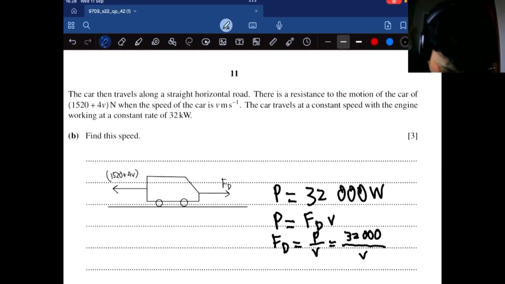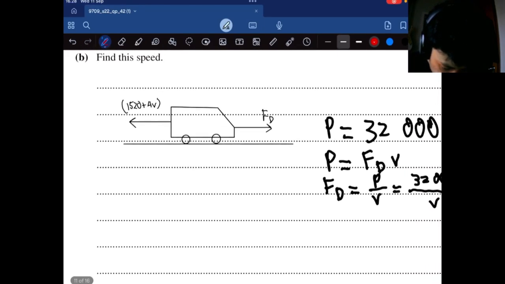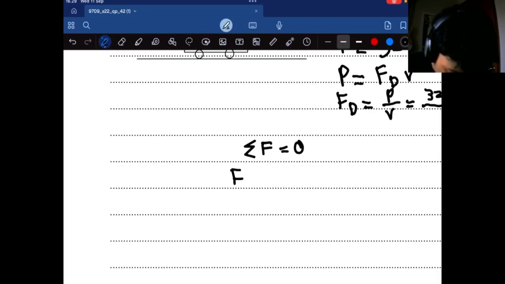Now it also mentions that the car is traveling at a constant speed. When we say constant speed, it means that the resultant force of the car is equal to 0, meaning that we can use sigma F is equal to 0, meaning that the driving force minus the resistive force Fr is equal to 0.